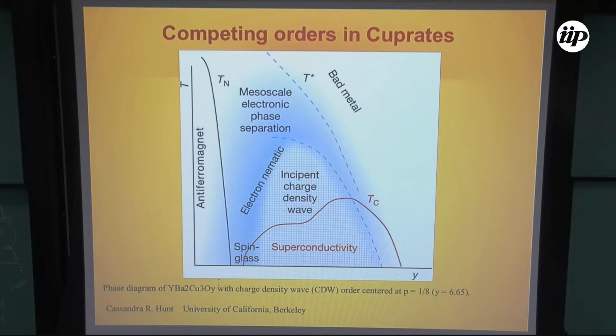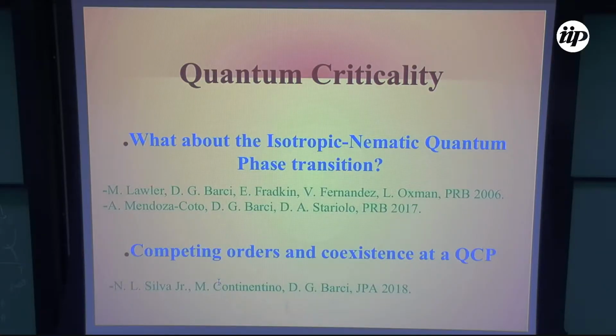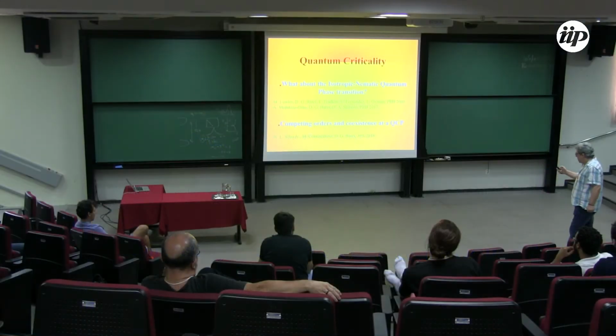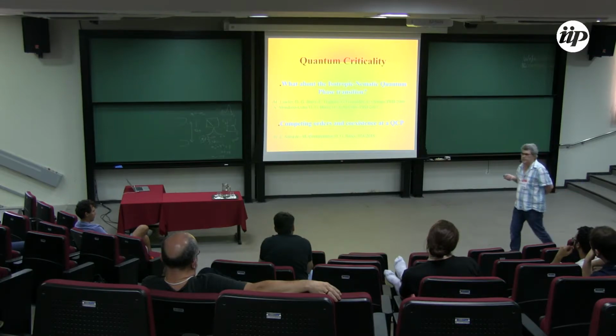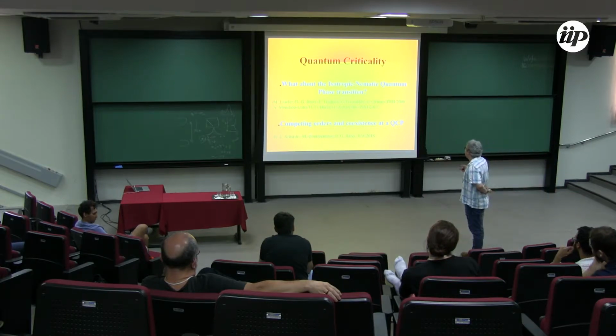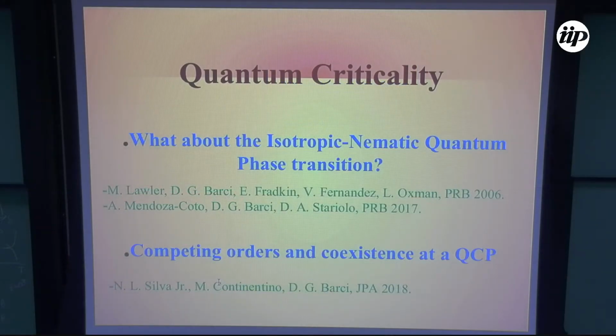Okay, so the point is, again, what questions I would like to answer, and I'm bothered with quantum criticality. So what about the isotropic nematic quantum phase transition? If it exists, how can we describe it theoretically?